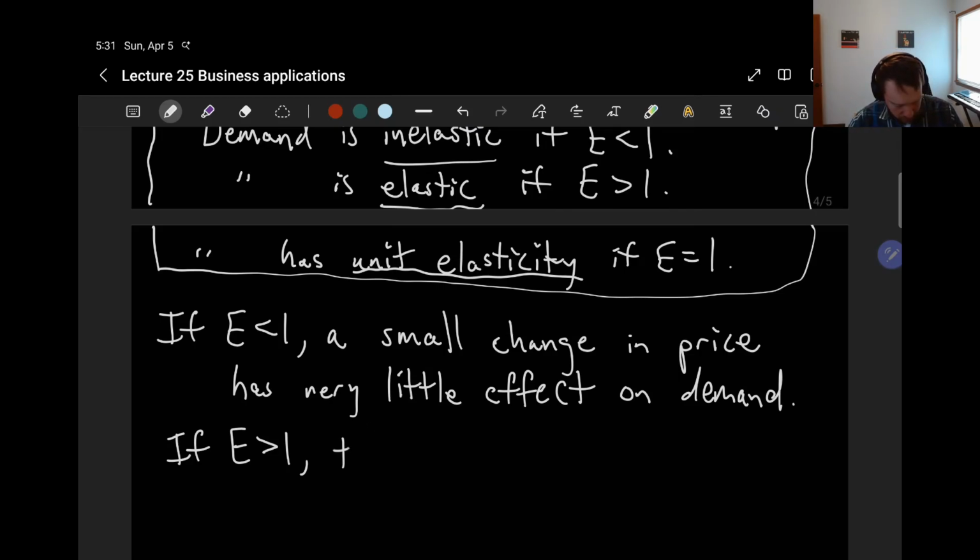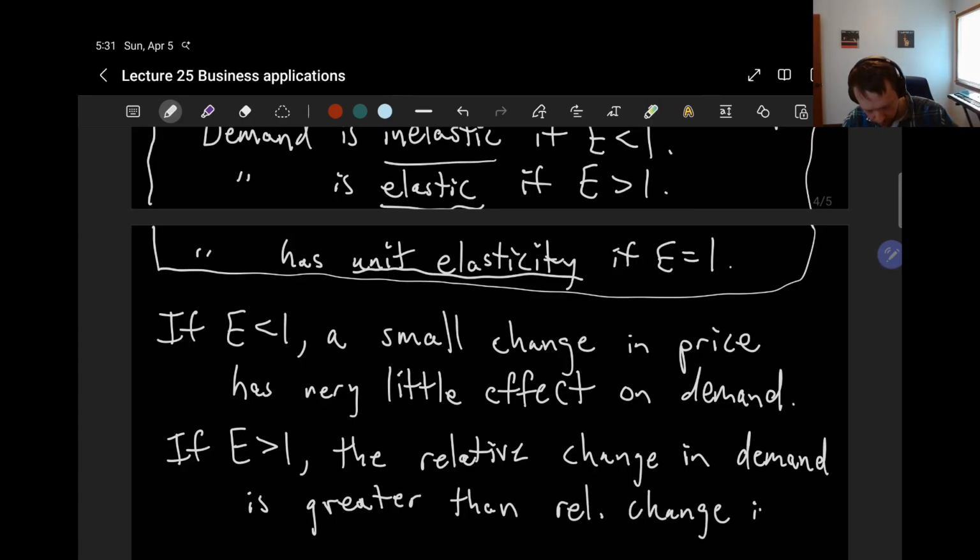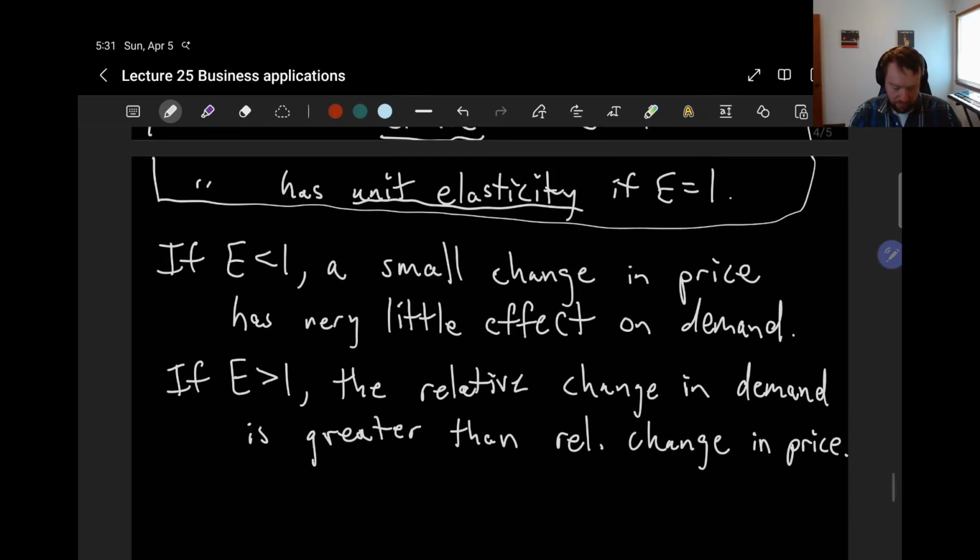So let's say the relative change in demand is greater than the relative change in price. So that's not really ideal for us.